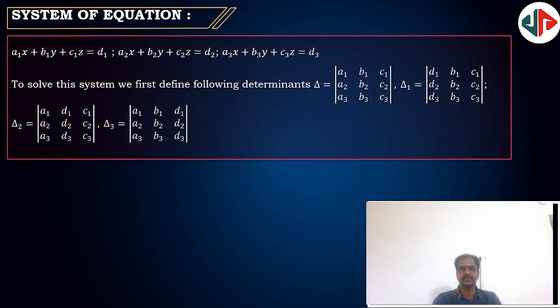Next, system of equations. Here there are two types of system of equations. One is homogeneous. Homogeneous equations means right hand side will be zeros.